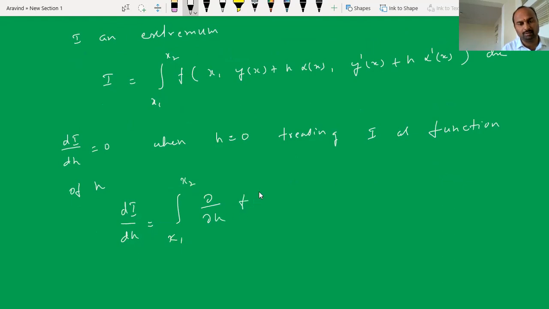It is called differentiation under the integral sign, so the d/dh here becomes a partial derivative. This should be equated to 0.